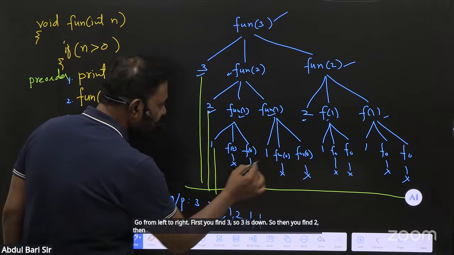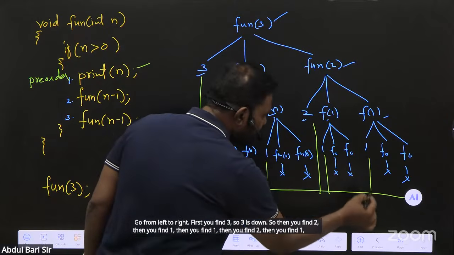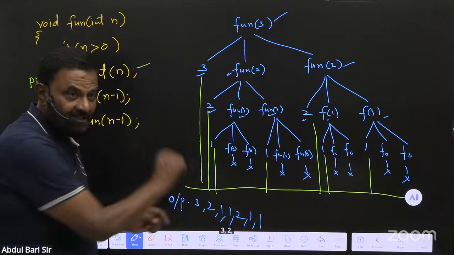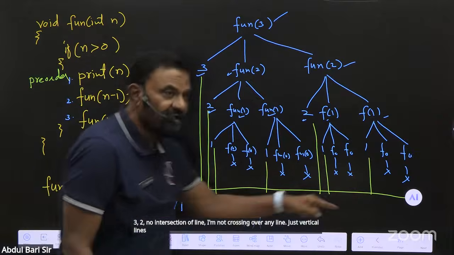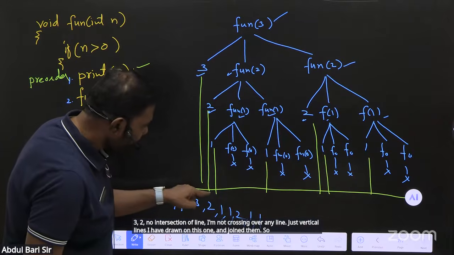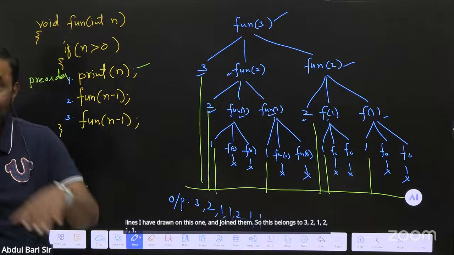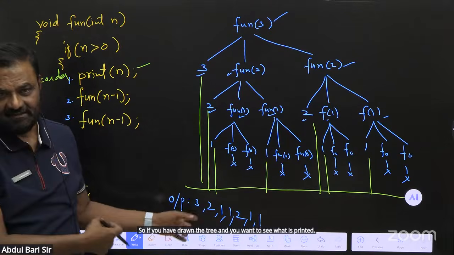Then you find 1, then 1, then 2, then 1, then 1. I'm not crossing over any line. Just vertical lines I have drawn and join them. So this gives 3, 2, 1, 1, 2, 1, 1. If you have drawn the tree and you want to see what is printed, you can see it like this also.